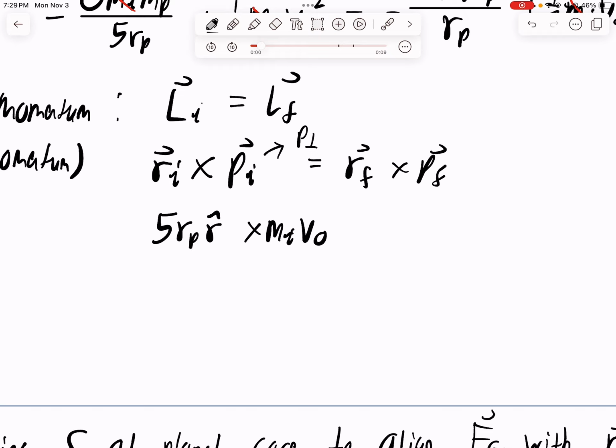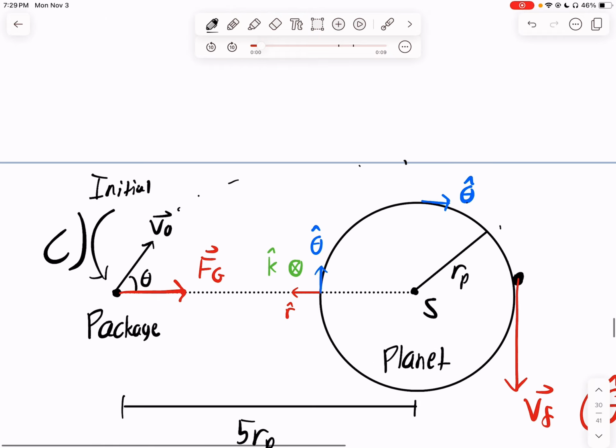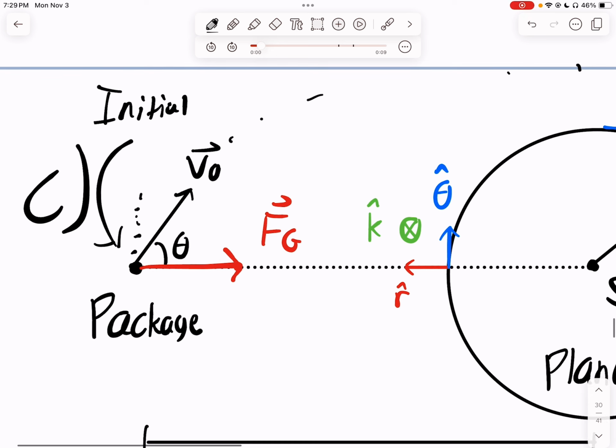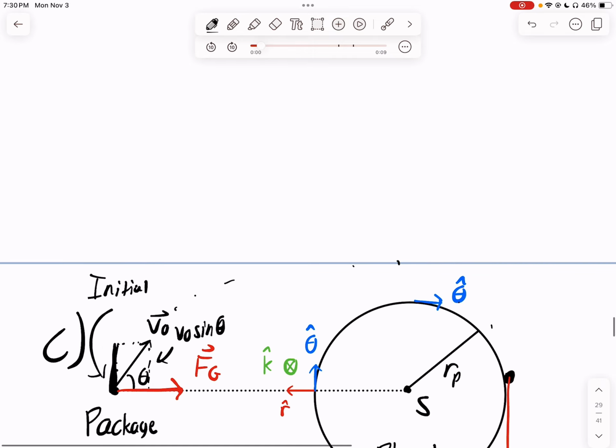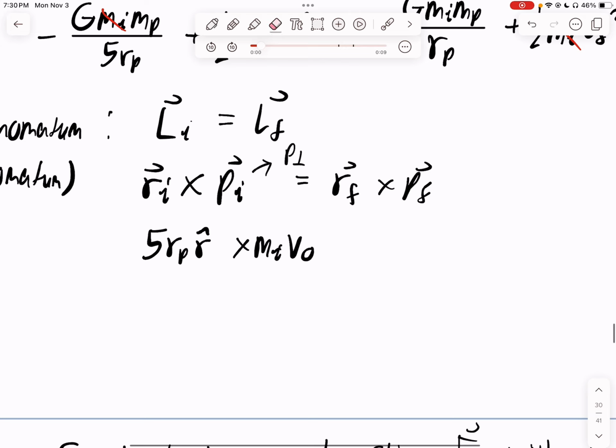That phrasing is a little ambiguous, but I'm trying to say that only this component of velocity interacts with the displacement vector from the pivot. By trigonometry, this is v naught sine theta. Is that right? Yeah, that's right. So the perpendicular component is m_i v naught sine theta in the theta hat direction.